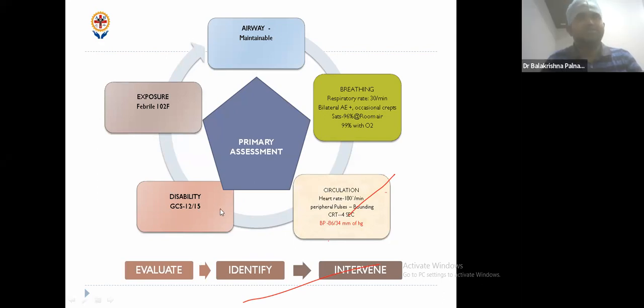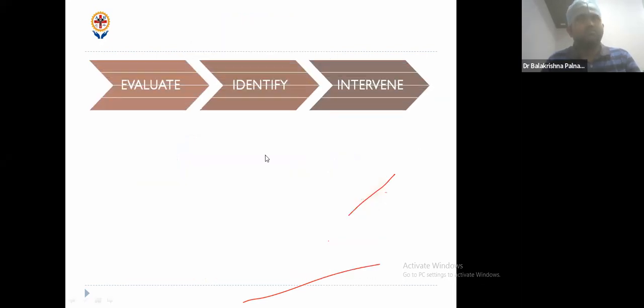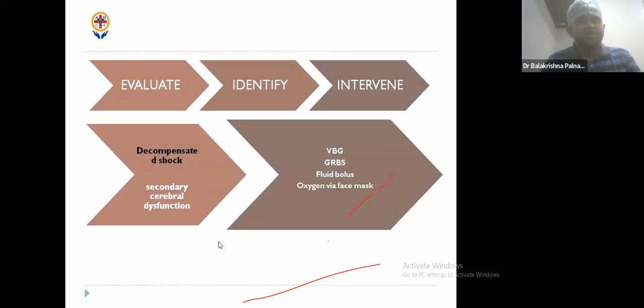So what is your initial assessment after this part? As I told you, when the BPs are maintained normally, it is compensated shock. For this child, it is decompensated shock. Because of the shock, his GCS was poor, causing hypoxia induced dysfunction. Because of that, there is a secondary cerebral dysfunction.